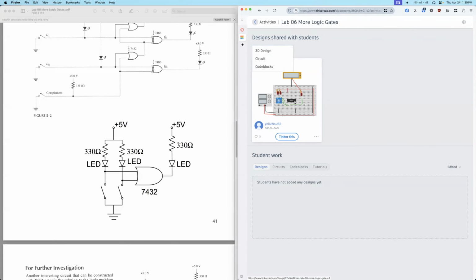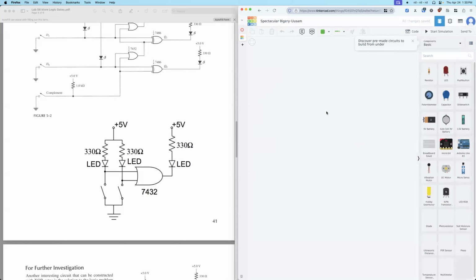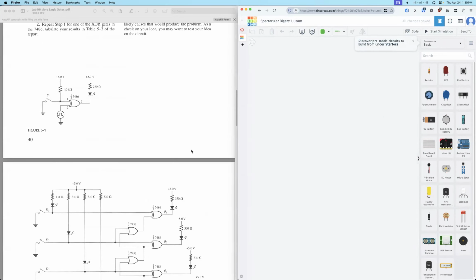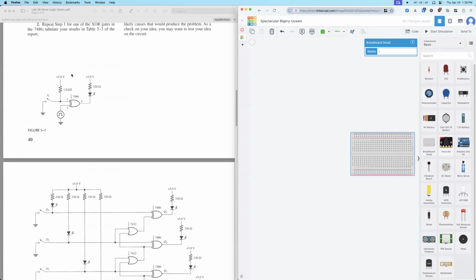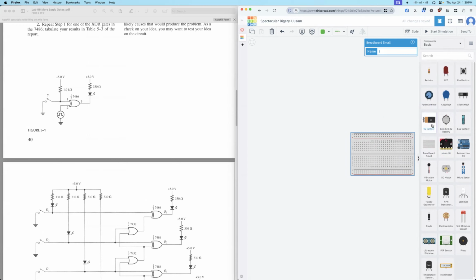Step 2, you just need to replace the chip with the 86 XOR gate. Okay, then let me go to this. This is a little bit different. Okay, this one. For this one, because we need the power and also the function generator. So both of them.